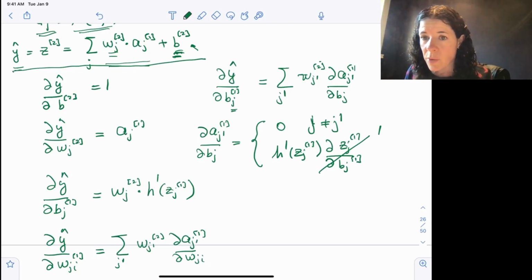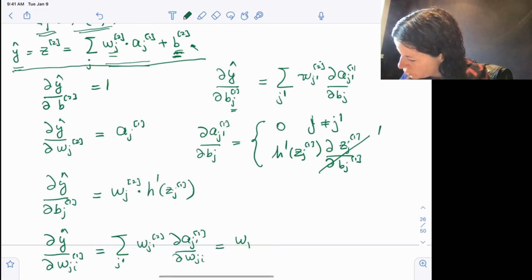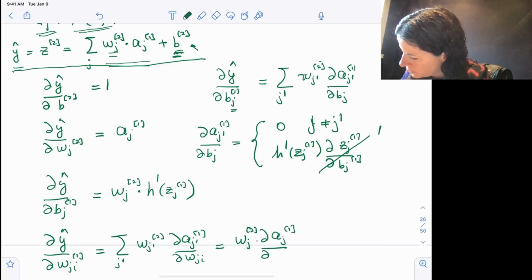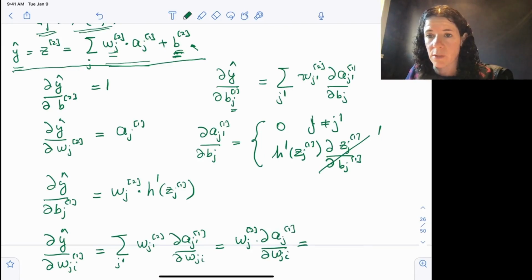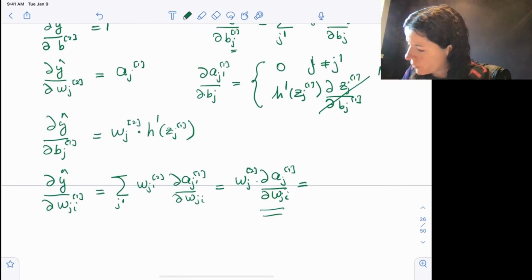We're going to see that this is actually equal to w_j^(2) times da_j^(1)/dw_ji, for basically the same reason. All of the other j primes that are not equal to j just have derivatives that are 0.